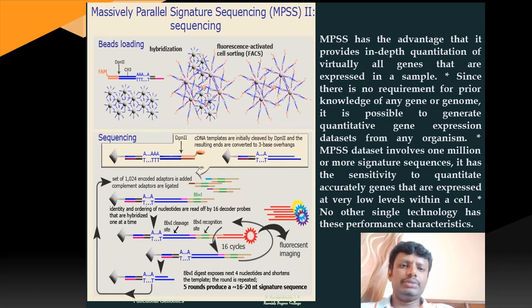Is it clear? This is all about sequence determination using microarray techniques. So there are three techniques: one is the microarray, the second is SAGE, and the third is MPSS.